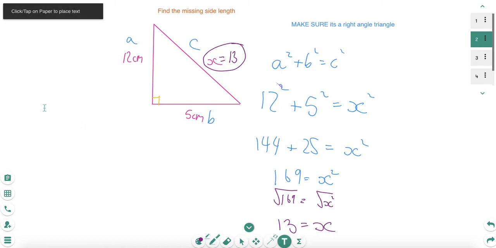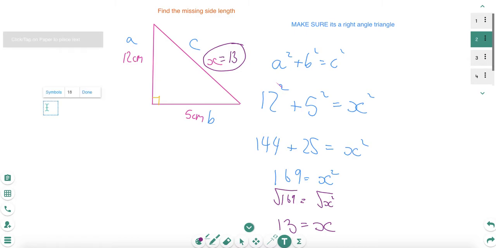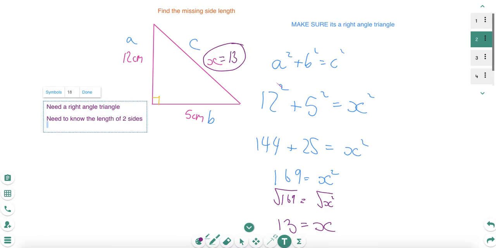So, always make sure to remember, in order to use Pythagoras' theorem, you need a right-angled triangle. And you need to know the length of two sides. In this case, we knew the A side and the B side was 12 and 5. And we're trying to find a missing side.